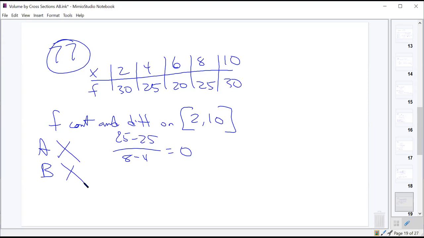C says f prime of 8 is greater than 0. Well, it seems like f prime at 8 is greater than 0 because we've gone from 20 to 25 and then from 25 to 30. Seems like the derivative is positive, like we're increasing.